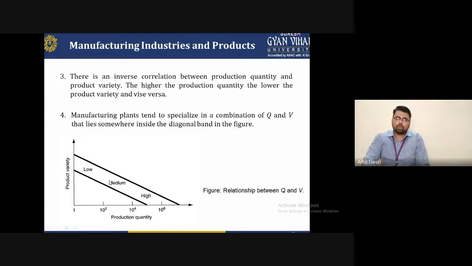So you will manufacture only one product with a good quality and minimum cost, so it will survive in the market a long time. These graphs basically show that if you increase the production quantity, you reduce the production variety, because it is necessary for maintaining the economy of the industry.